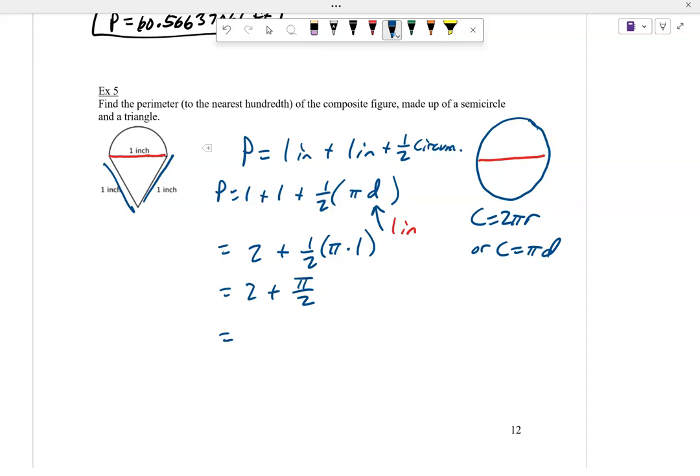So I'm going to punch that in. 2 plus, use that pi button, divided by 2. And that'll be like 1.57079 type of deal. So plus 2 would be 3.570796327 inches. And that's all the way around, right? The 3 blue areas added up.